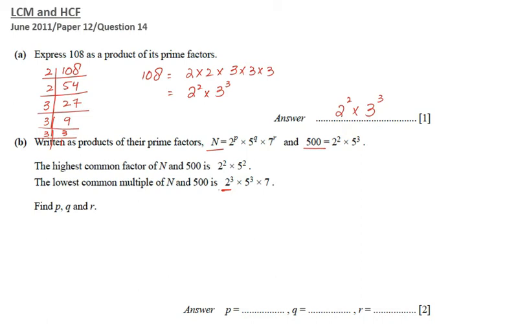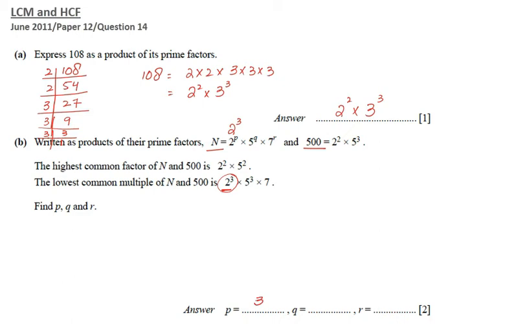So in LCM we write 2 cube, and in HCF we write 2 square. Why? Because the highest common power of 2 we can take from both is 2 square. But in LCM as we are having 2 cube, one of the numbers must be having 2 cube. So if 500 is having 2 square, the other number must be having 2 cube.